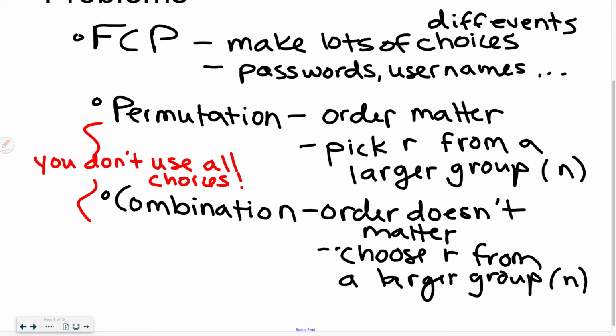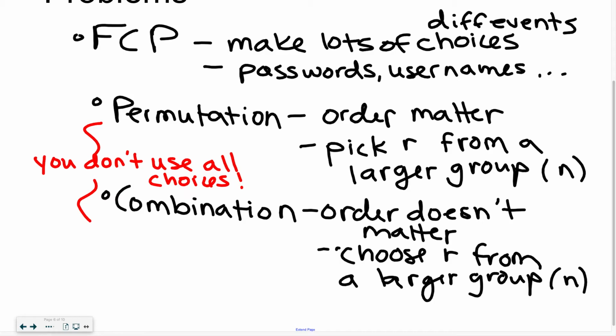I often think, when do you really have to get into this whole business of is it an NPR or an NCR? It's when you're reading the scenario and you're going to pick or choose a few of a larger group. Down at the bottom, that larger looks pretty bad, I'm sorry.